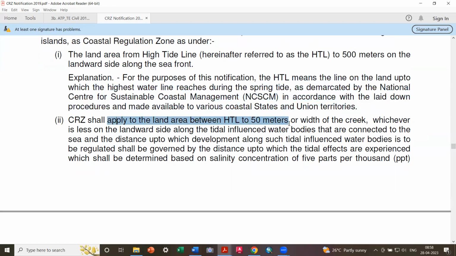area between high tide line to 50 meters or width of the creek, whichever is less, on the landward side along the tidal influenced water bodies that are connected to the sea.